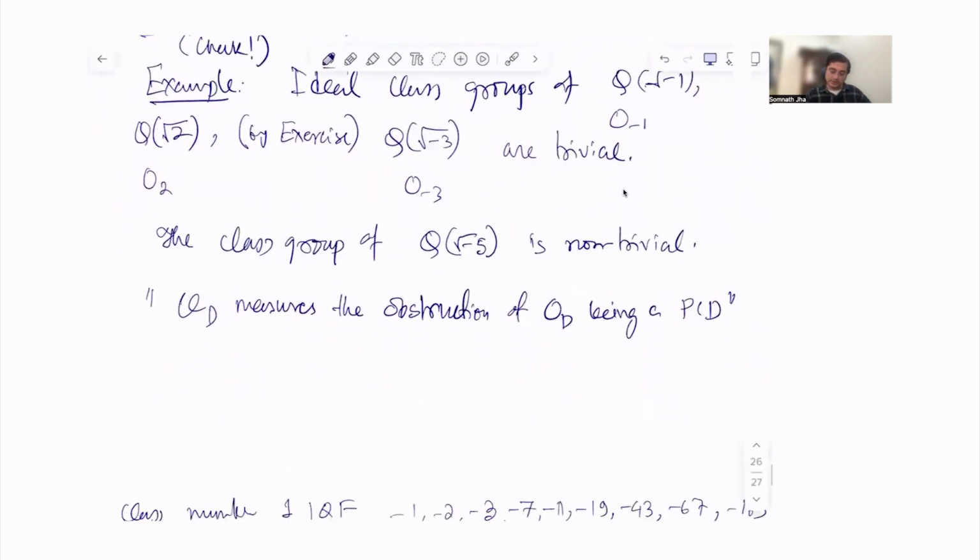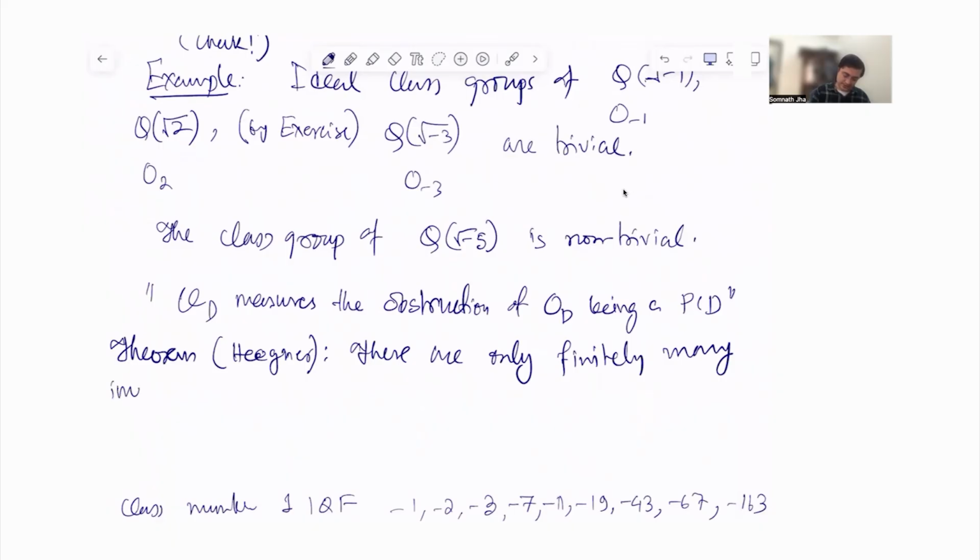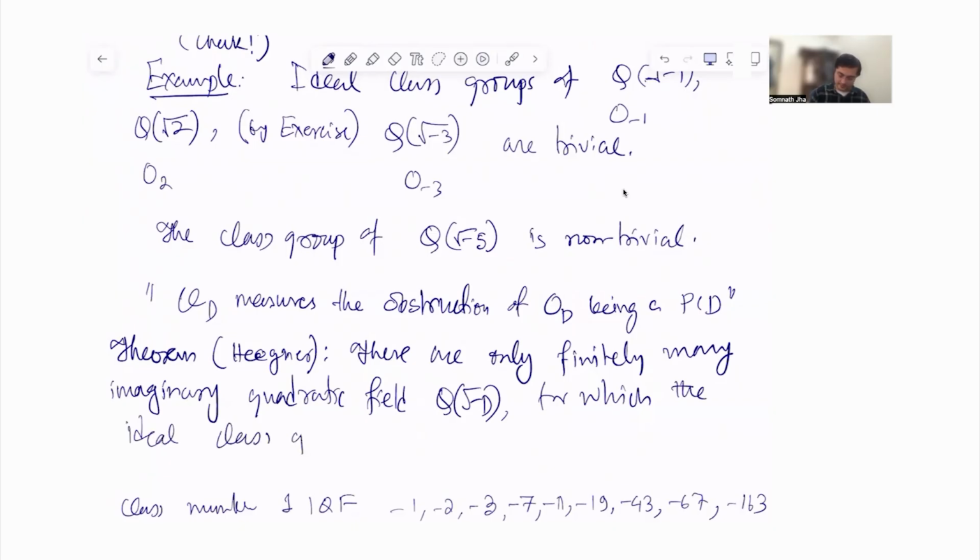So this is a theorem due to Heegner that there are only finitely many imaginary quadratic fields Q root minus d for which the ideal class group is trivial.